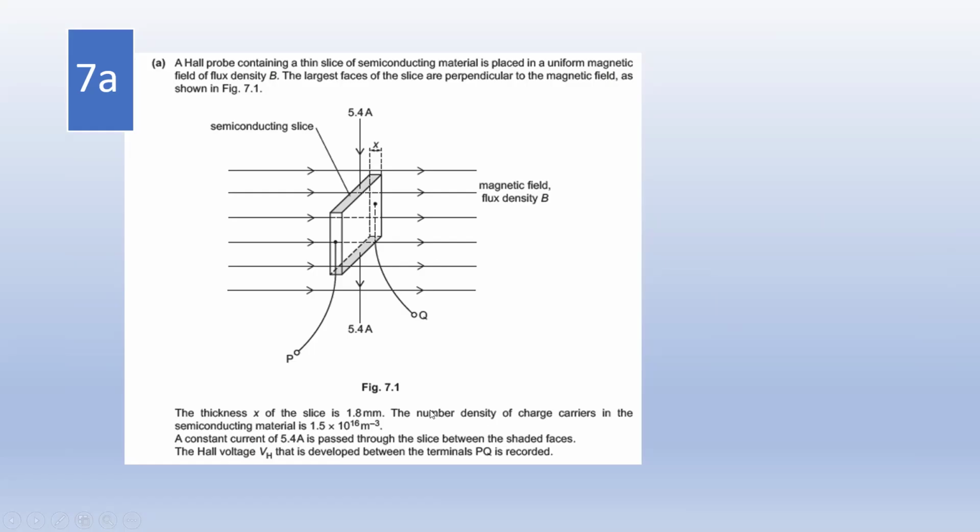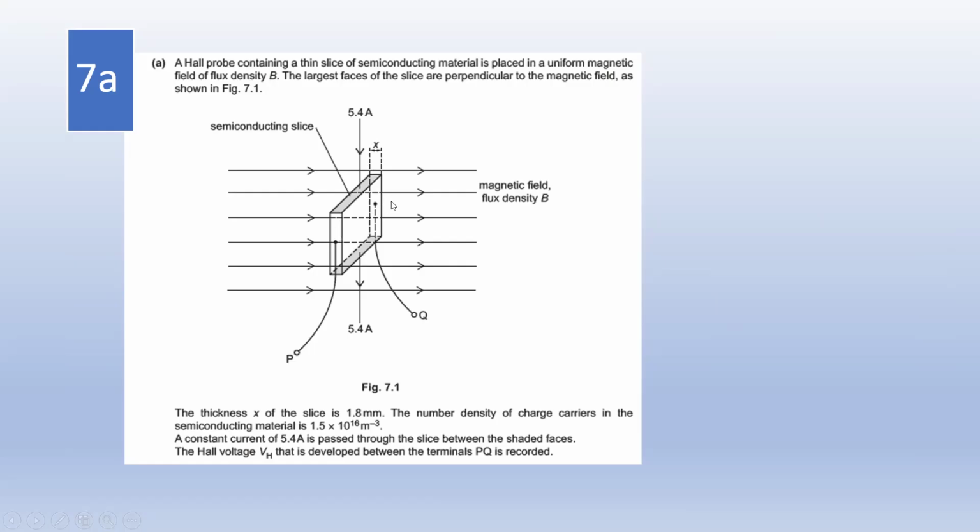The number density of the charge carrier in the semiconductor is given. The current is given, passing through the slice between the shaded surfaces. The Hall voltage is developed between the terminals P and Q. Of the surfaces, two are for the current, one surface has the field passing through it, so the Hall voltage is across the other surface.